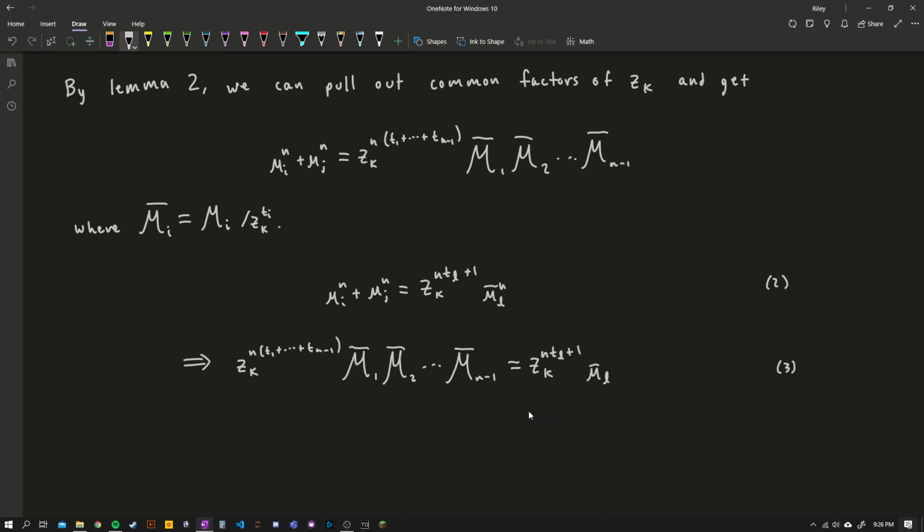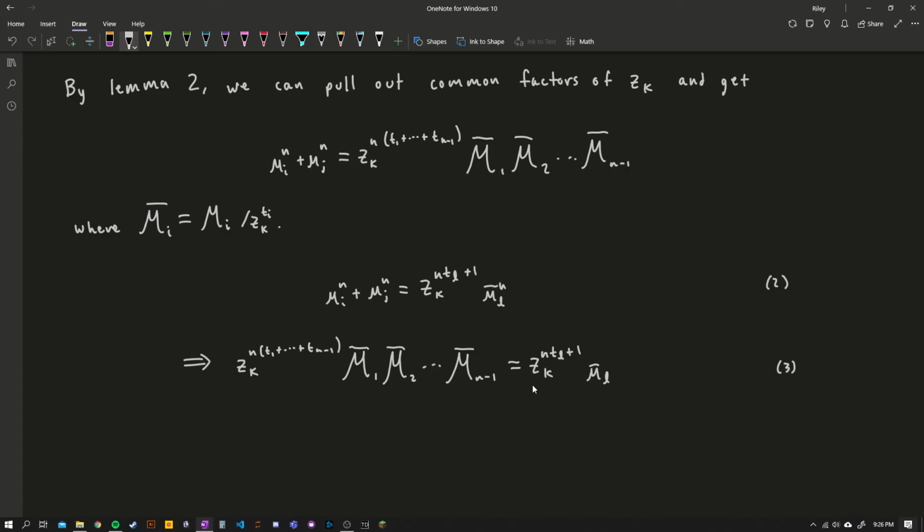And so the contradiction here is that on this side of the equation, the power on z_k is divisible by n, but this one is not divisible by n, and that completes Lamé's so-called proof of Fermat's last theorem.